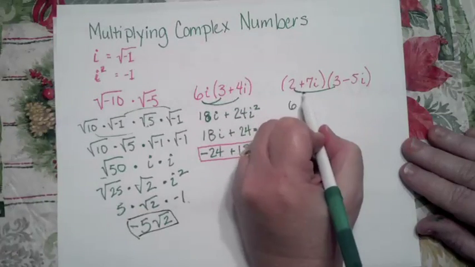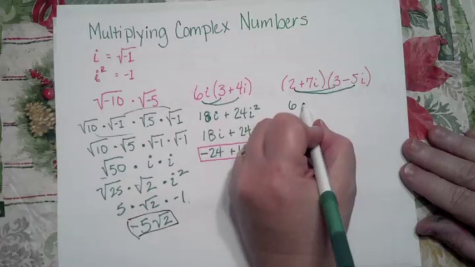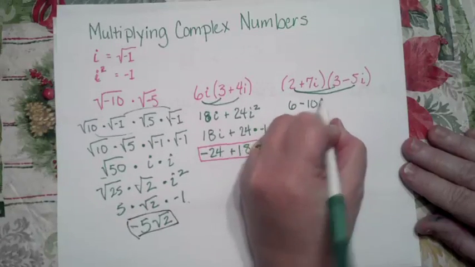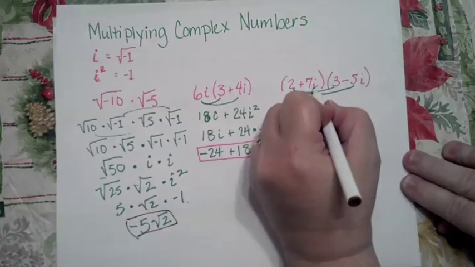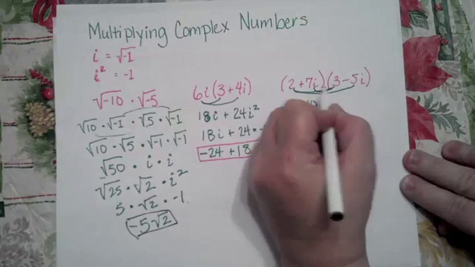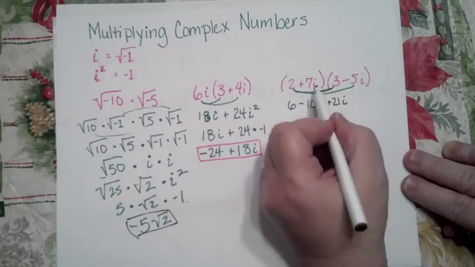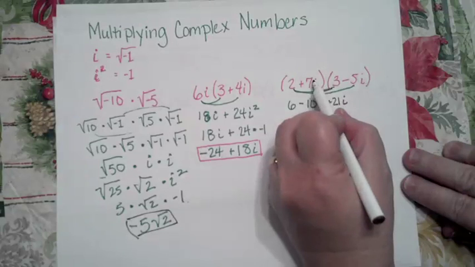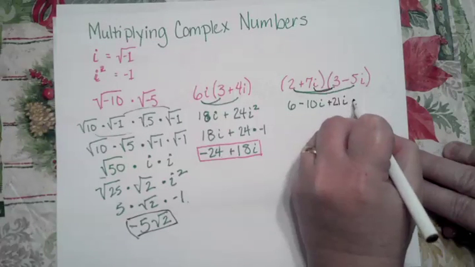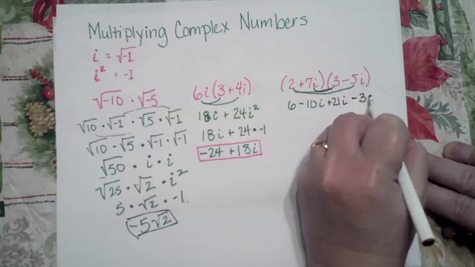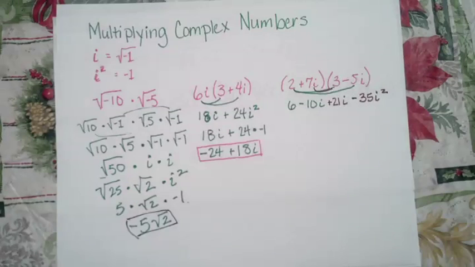And then 2 times negative 5i, which is going to be negative 10i. And then 7i times 3, which is going to be 21i. And then 7i times negative 5i, which is going to give you negative 35i squared. Well, there we go with that i squared again.